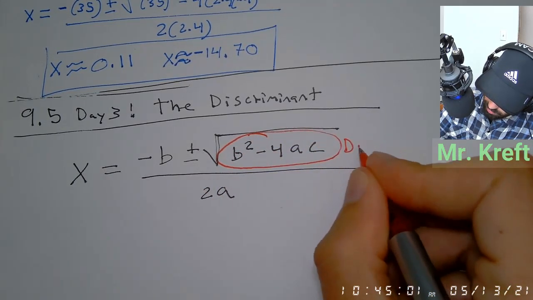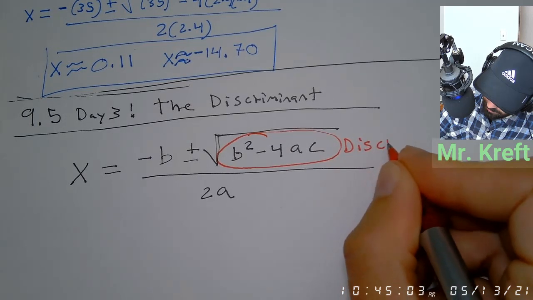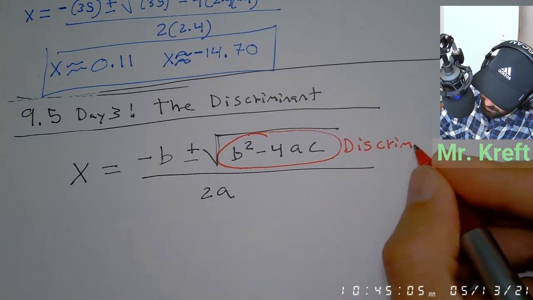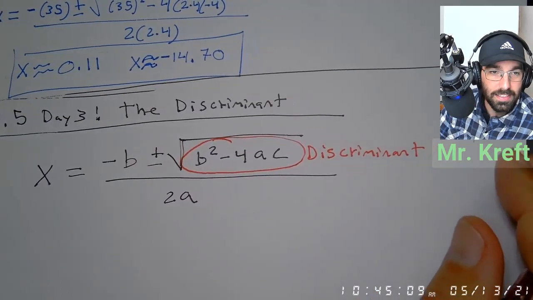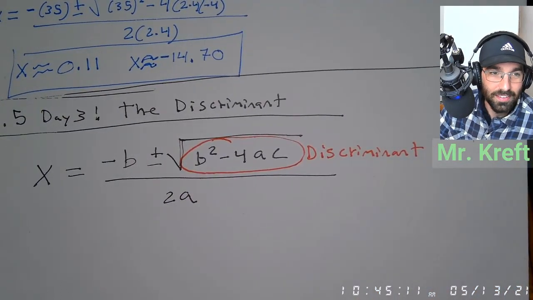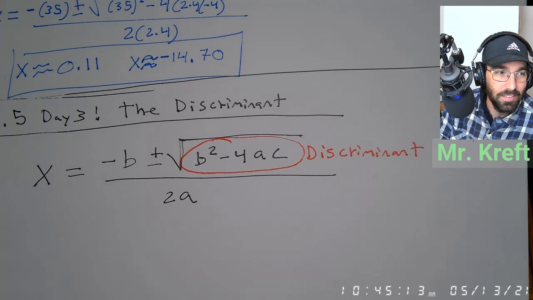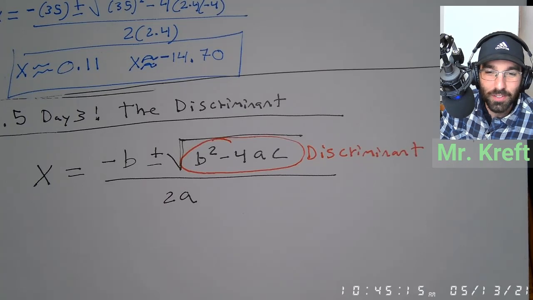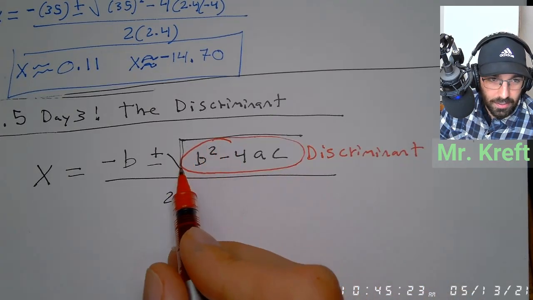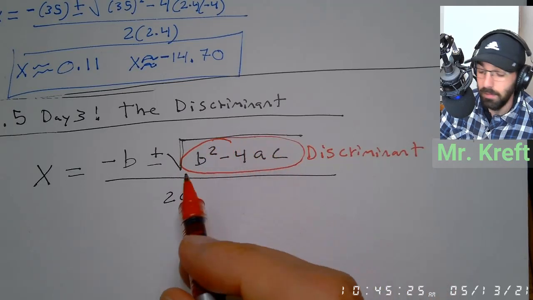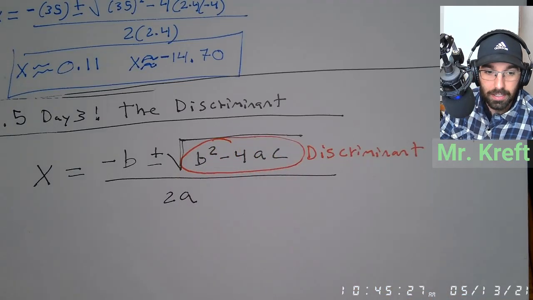This is called the discriminant. It's kind of a weird word to say because it almost feels like you're mumbling, right? So that in red is what we call a discriminant, and I'm going to get to that in a little bit.